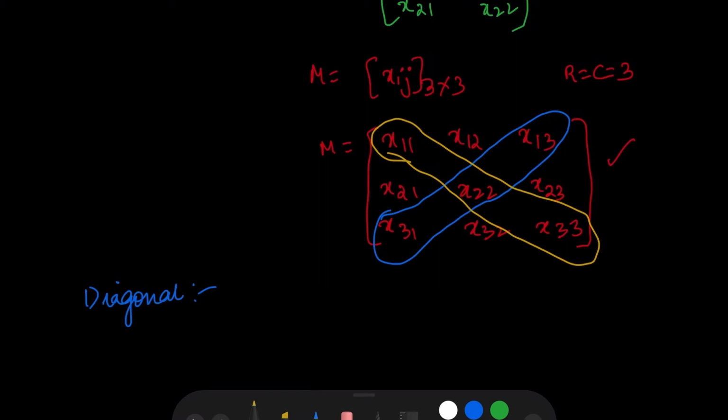So which one should you choose as a diagonal? According to the matrix convention, a diagonal is defined in such a way that it connects the first element and the last element. So the diagonal in the blue color is the wrong one, and the diagonal represented in the yellow color is the right one, because it connects the first element to the last element in a matrix, right?